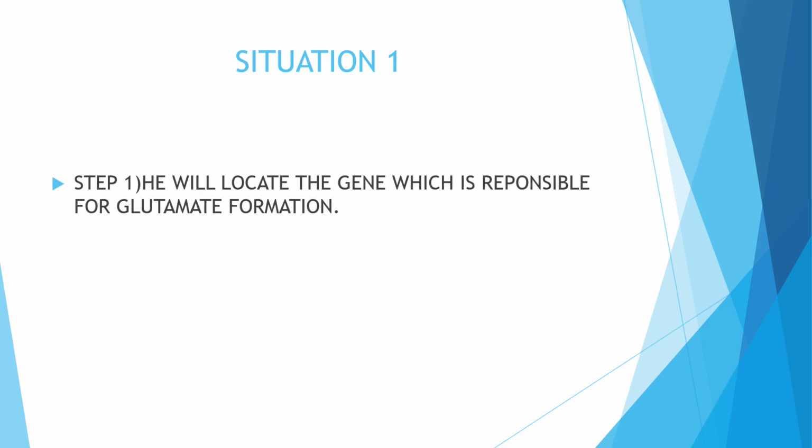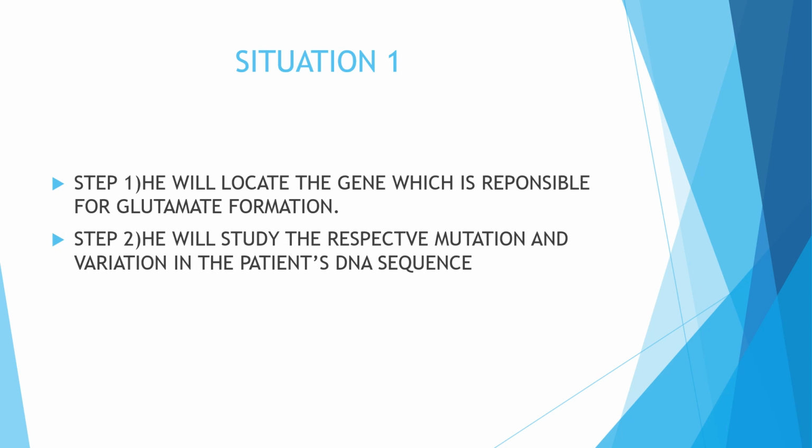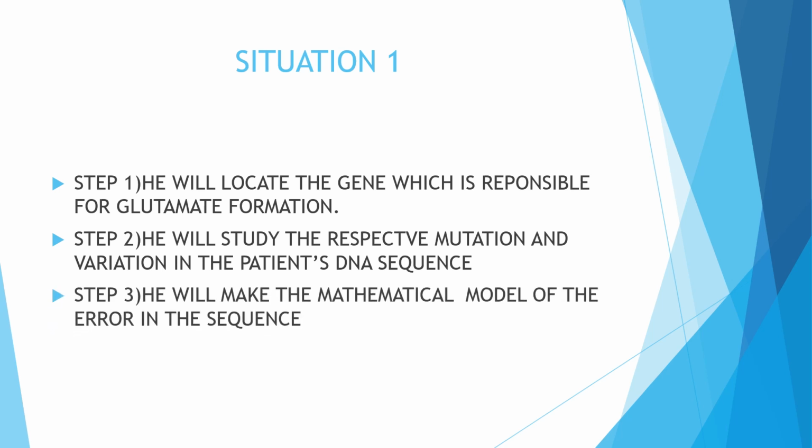I myself have made two possible answers or solutions to this problem. Solution 1, in situation 1, the steps are: step 1, Xavier will locate the gene which is responsible for glutamate formation in our body. He will study the respective mutation and variation in the patient's DNA sequence. What is wrong with this patient's gene which has caused the deficiency in the secretion of this protein? Step 3. He will make a mathematical model of the error in the DNA sequence.